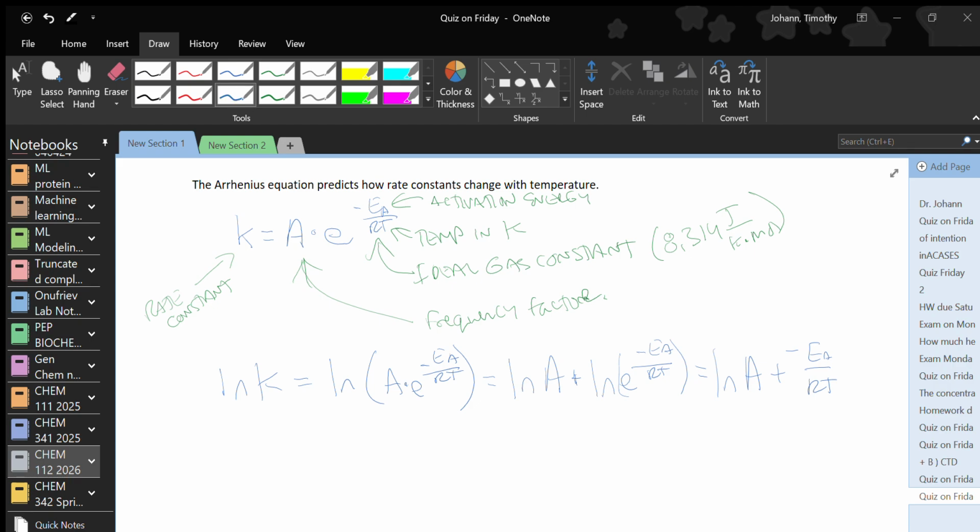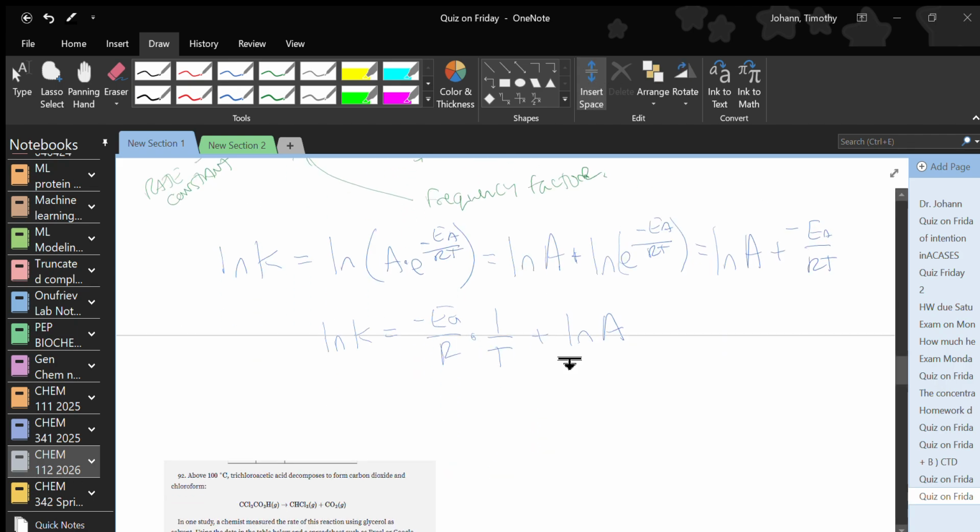So what we've got here then is I can rearrange this equation. I'm going to slightly rearrange it. So I get the logarithm of k is equal to negative Ea over R times 1 over T, plus the logarithm of A, which is our frequency factor.